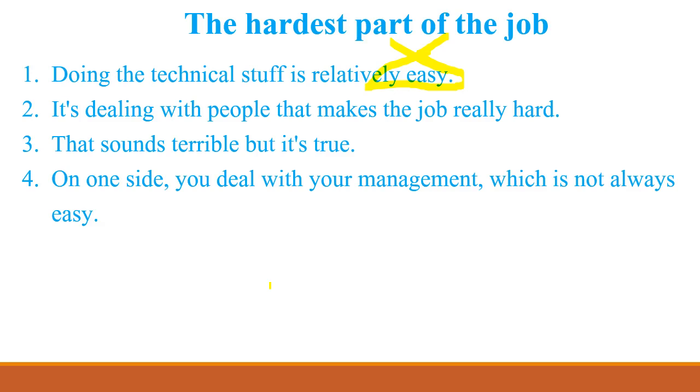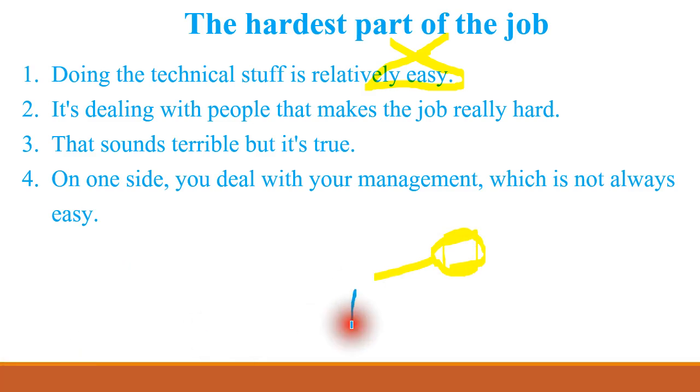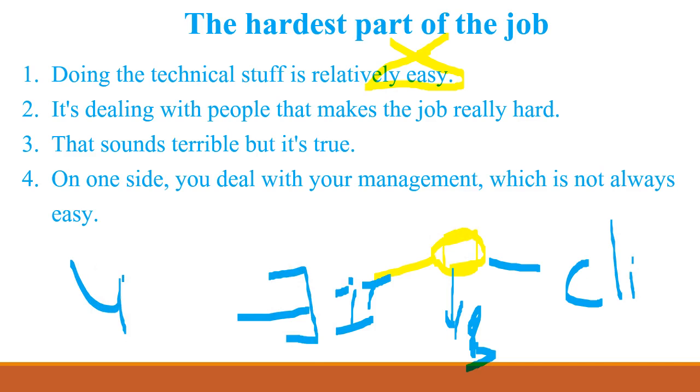For example, you are a system administrator. You got your team here. Let me take some other color here. You got your IT team, you got operations, the business team, you got the client, and you got one more, your manager, your upper level team.